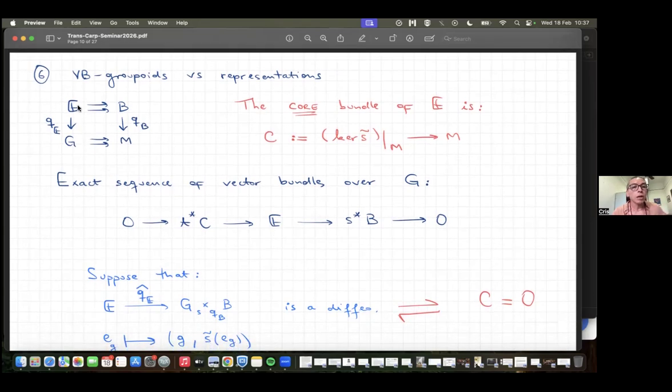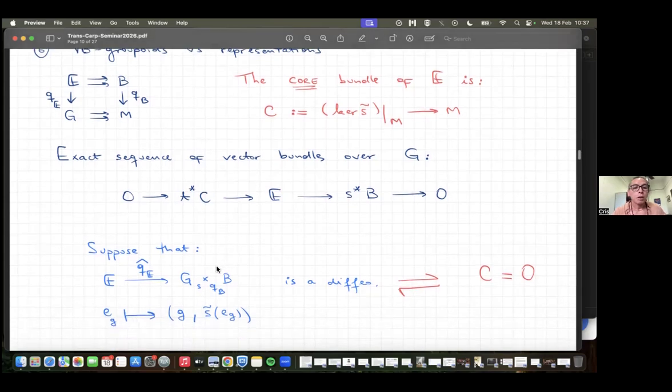And now you can look at the projection, QE from E to G. This guy is a groupoid morphism, and you can look at its hat map. So the hat map will be this in blue.